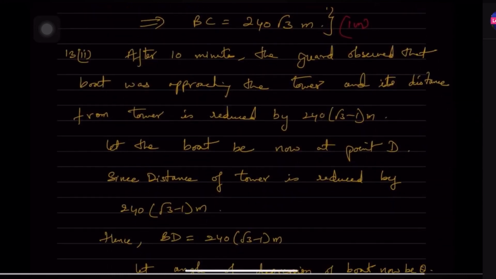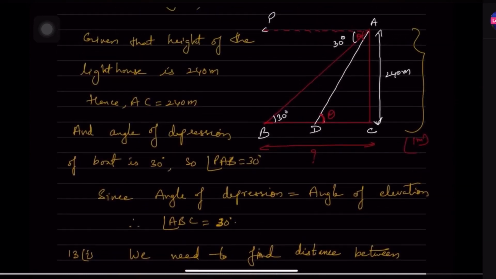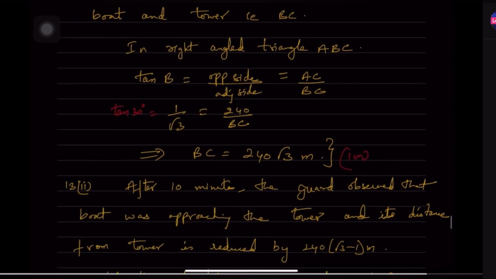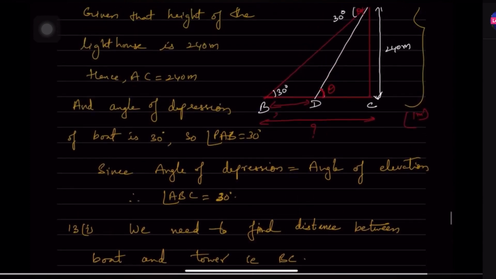After 10 minutes, the guard observed that the boat was approaching the tower and its distance from the tower is reduced by 240 into root 3 minus 1 meters. So he raised an alarm. We have to see it is approaching from B to D, and this distance is given as 240 into root 3 minus 1.